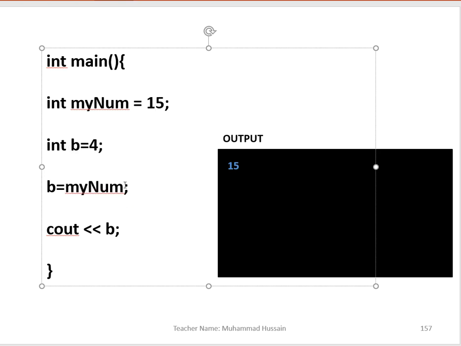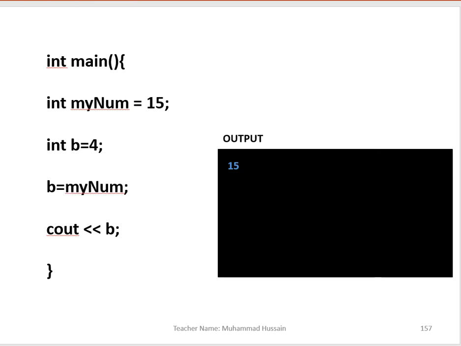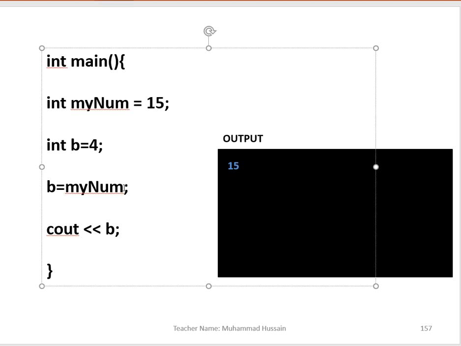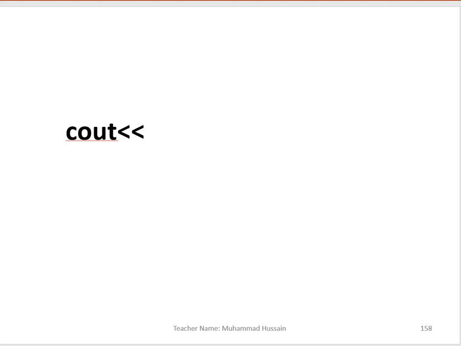So now the compiler brings that value in here. myNumber contains 15, no? So it contains 15. So now b is updated actually, okay? So the answer will be 15. Now it's no more 4, just because we have again assigned a value in here.